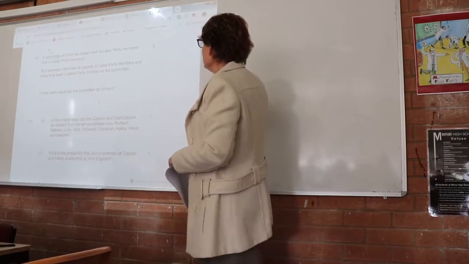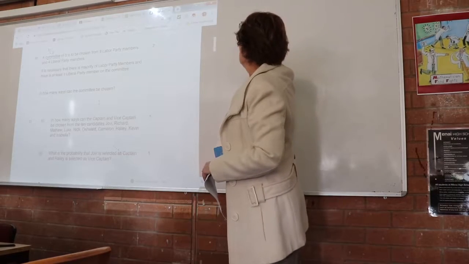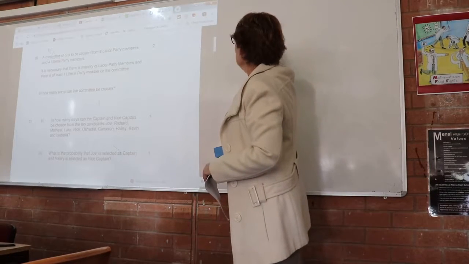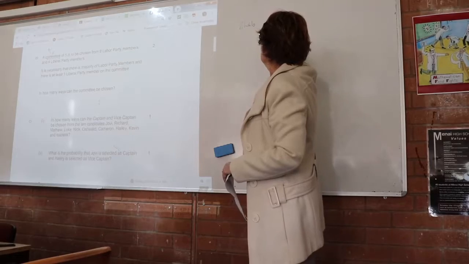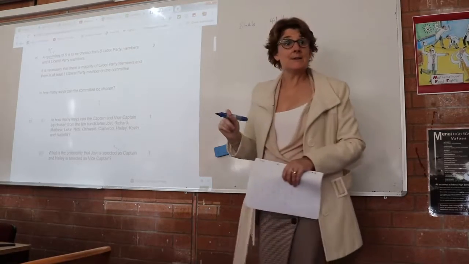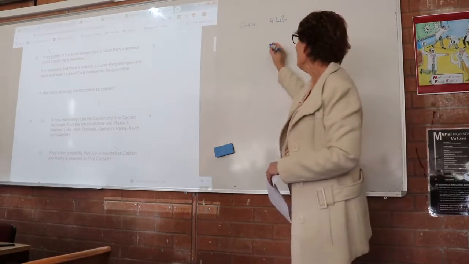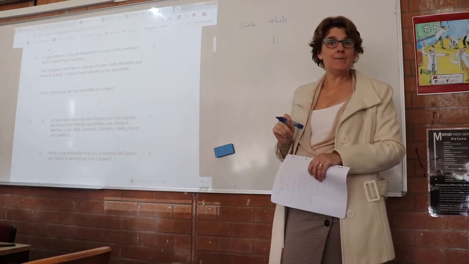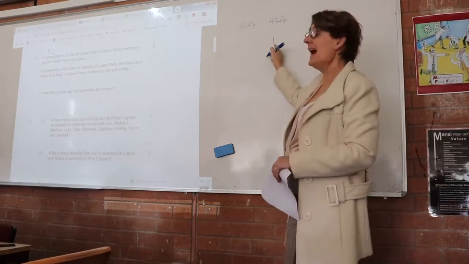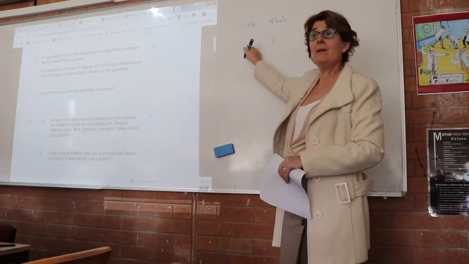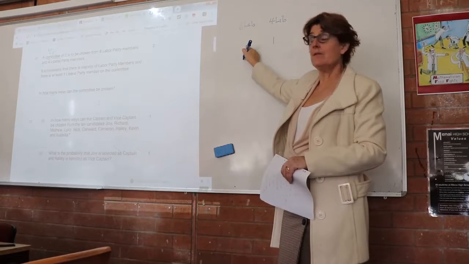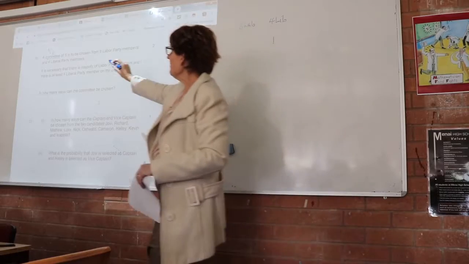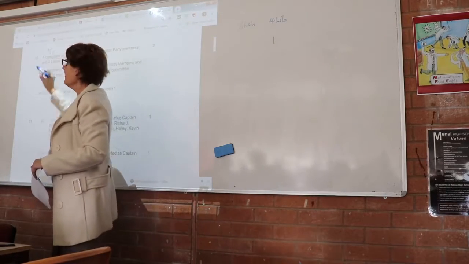Now, for this particular question, we've got 8 Labor members and 4 Liberal members. We have to have 1 minimum Liberal member. If I had 1 Liberal member, how many Labor members would I have? 4. I want to have a committee of 5 people.